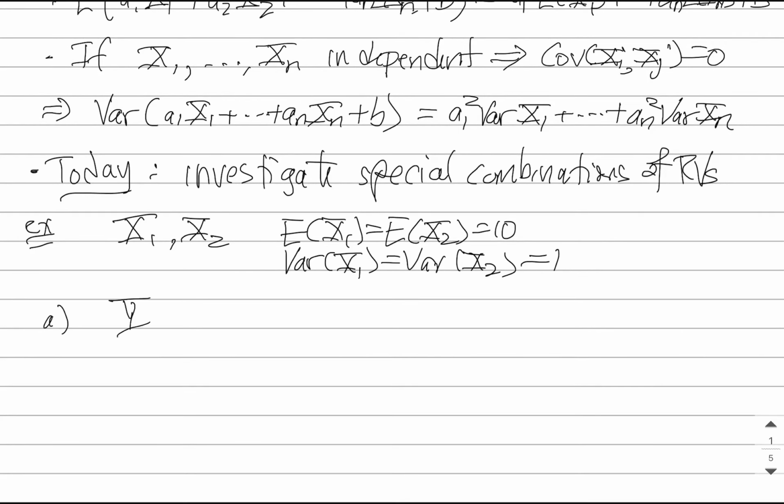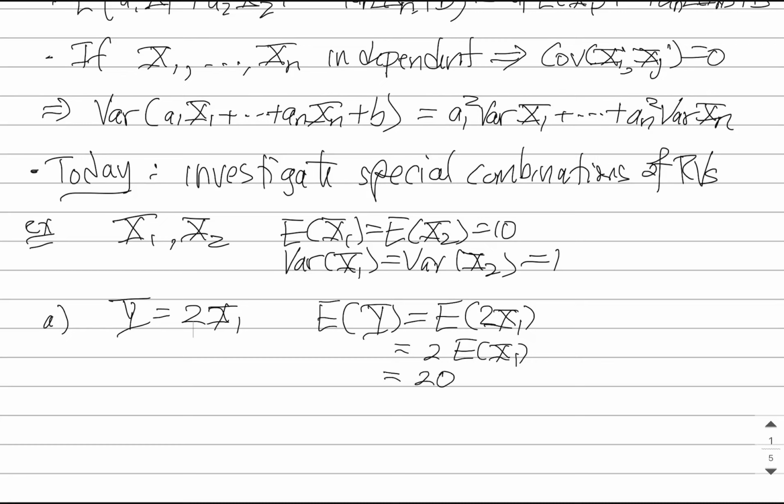So if we define a new random variable y simply to be twice the value of x1, then using the properties that we just discussed above, it's pretty straightforward to understand how each of these things will get affected. So for instance, the expected value of x1 will simply be doubled here, whereas the variance of y will end up being the variance of twice x1.